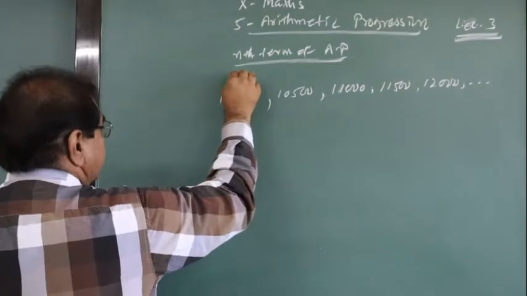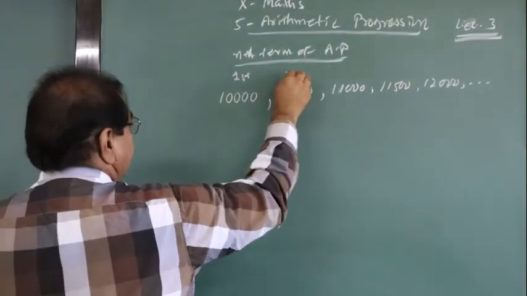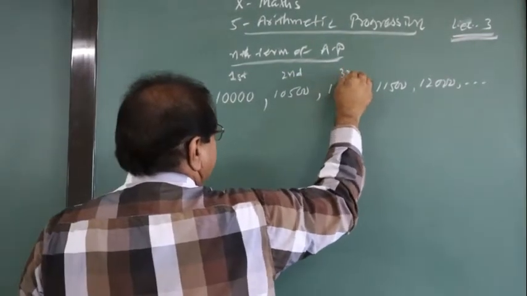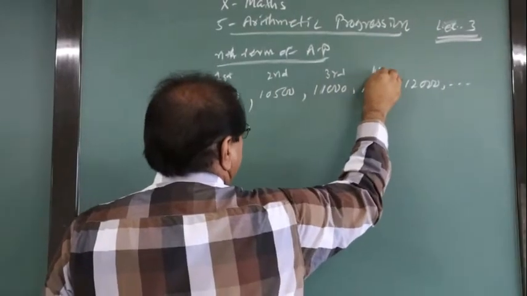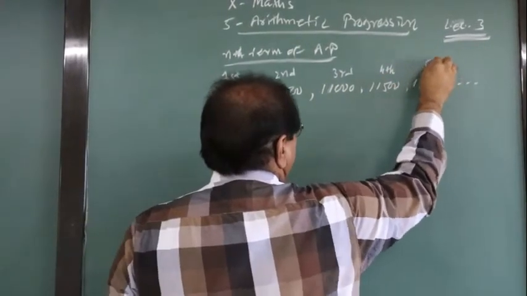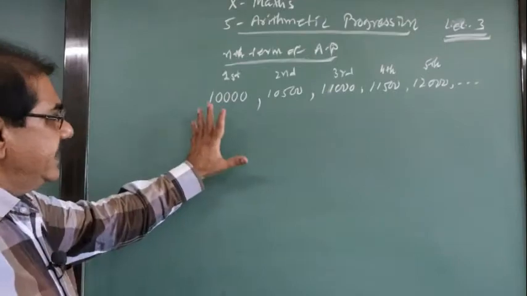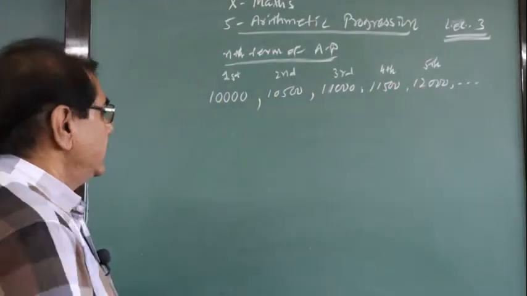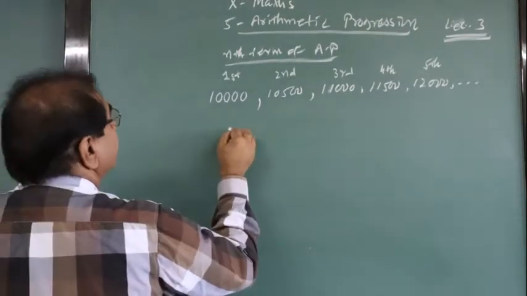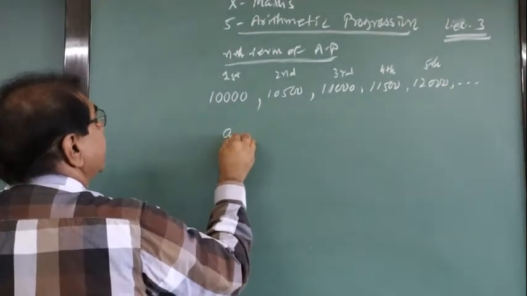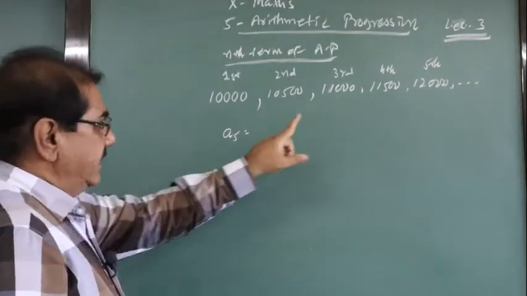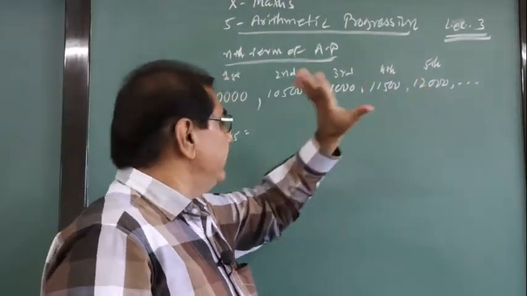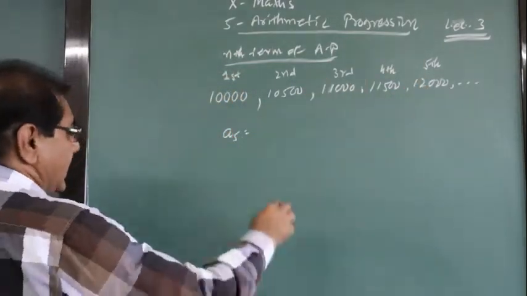Okay, it is the salary of first year, salary of second year, salary of third year, salary of fourth year, and salary of fifth year. Now check here, fifth year is 12,000. So we go for fifth term. It is A5, the fifth term.